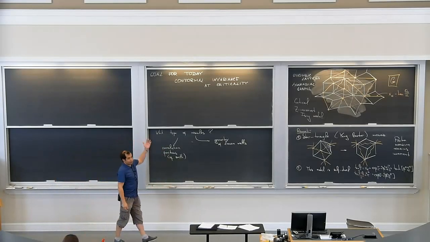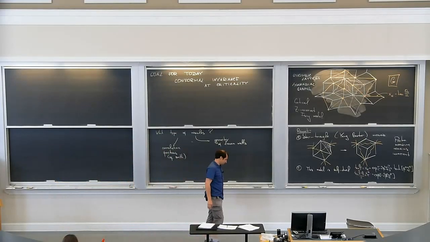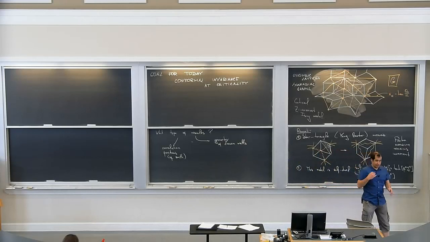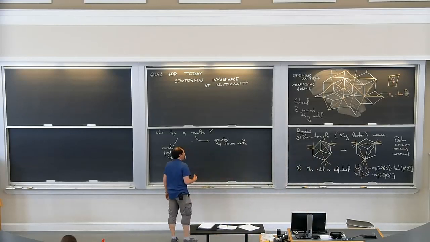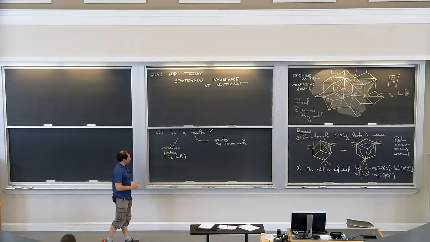Okay, to speak about conformal invariance, one, at least being a mathematician, would like to see conformal mappings involved somewhere. So what is the setup I'm going to work with?